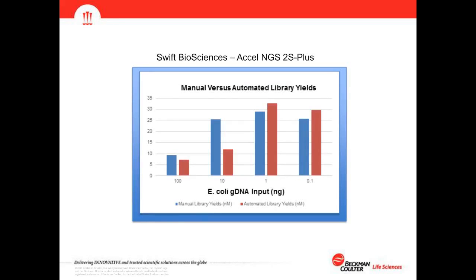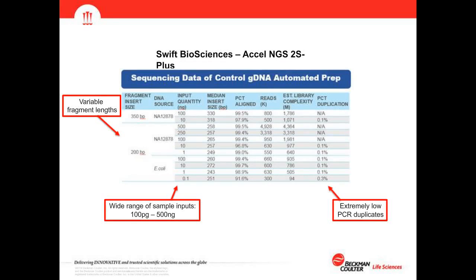If we look at the results we're getting from that, you see that the samples we used in this test will generate sufficient library for sequencing, good sequencing results, and these are sequencing results that you're seeing. We have variable fragment length that we can produce.